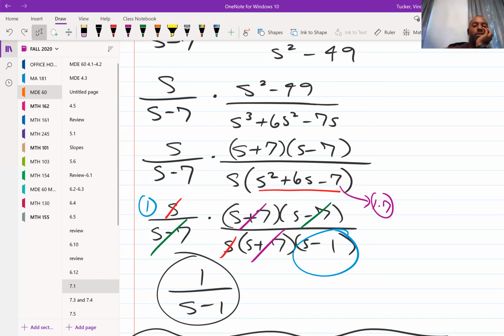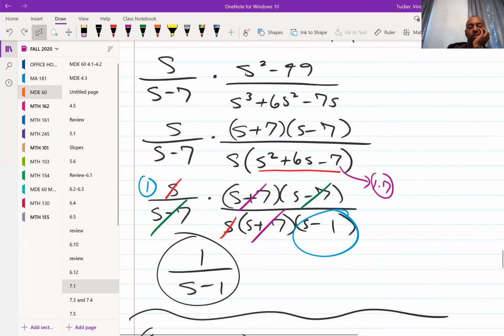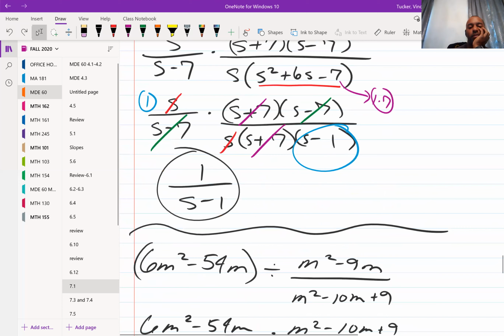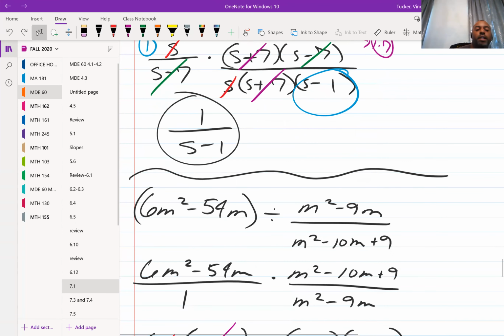Any questions? All right, next one: 6m squared minus 54m divided by m squared minus 9m over m squared minus 10m plus 9. Notice what I did here first.